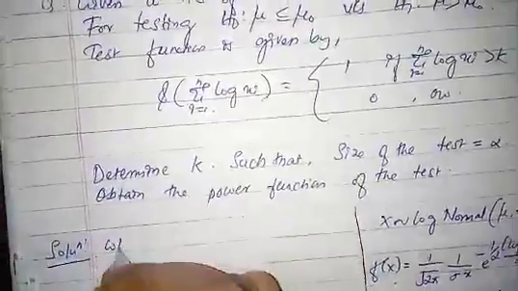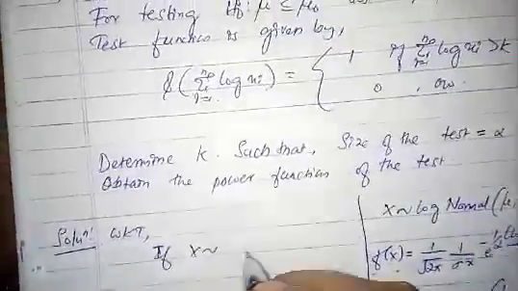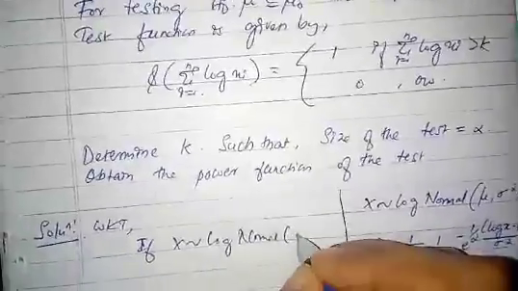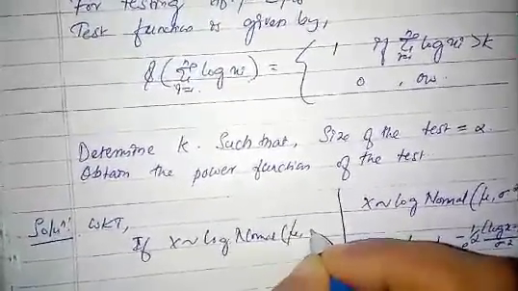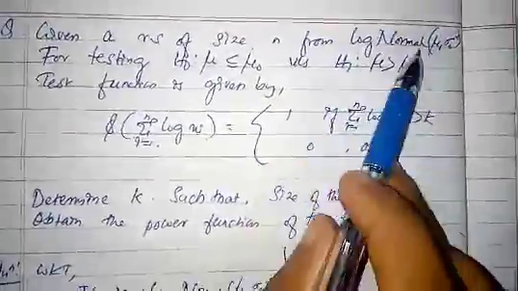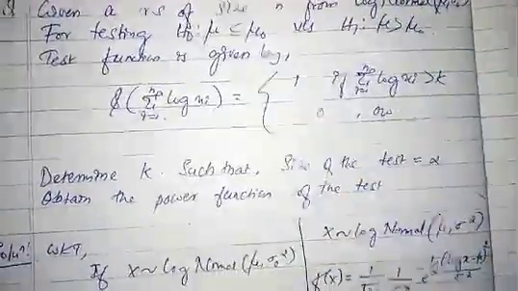Here we know that if x follows log normal with mean mu and variance sigma naught square, since sigma naught square is given, that means sigma square is known, right?